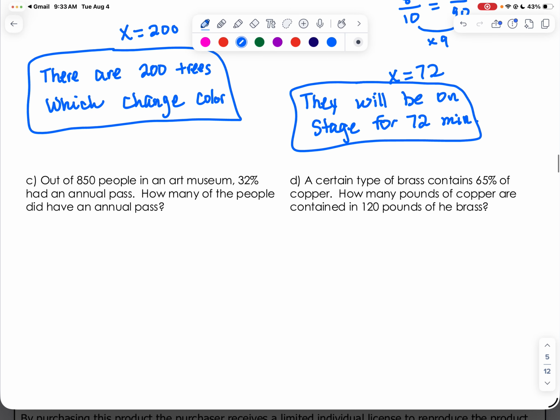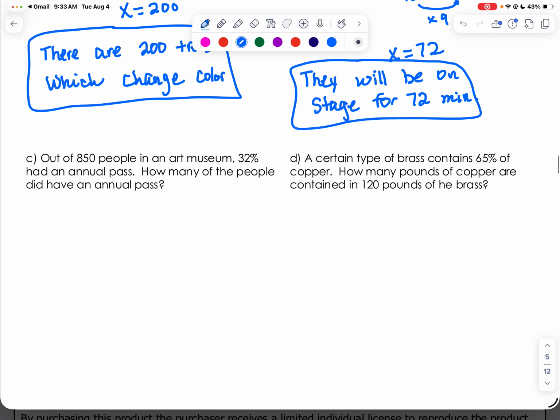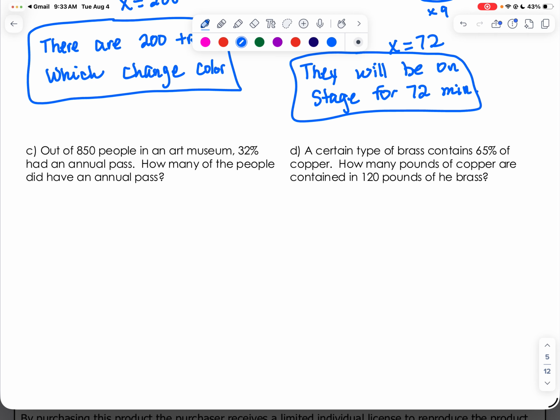Okay. Problem C. Out of 850 people in an art museum, 32% have an annual pass. How many of the people had an annual pass? We know our percent is 32. We know the whole is 850. What we don't know is the part. So 32 out of 100 is equal to X over 850.